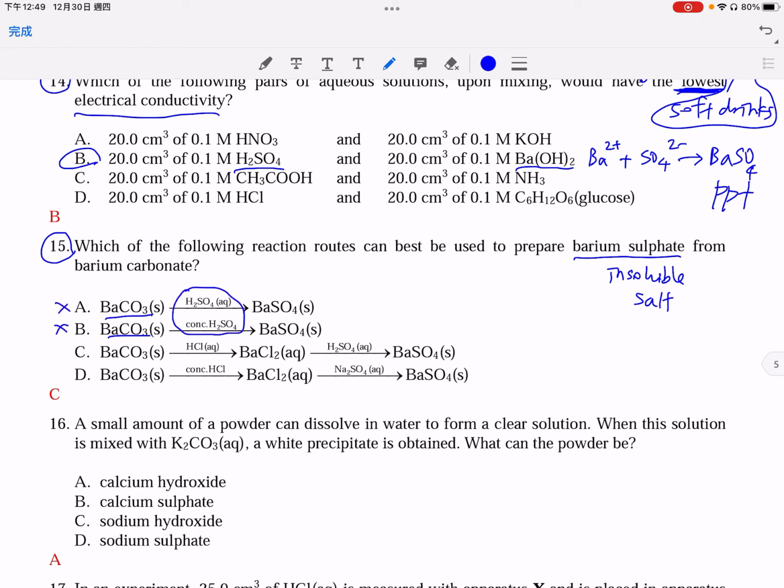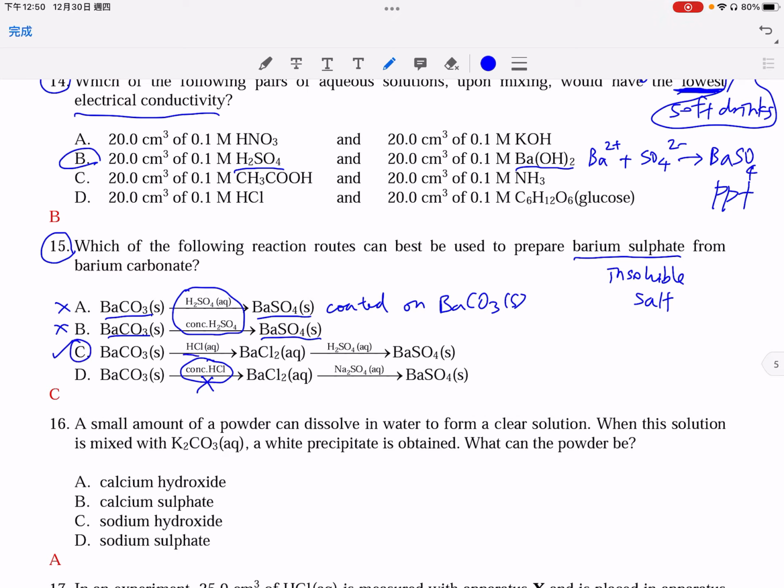So A and B are incorrect because even though the barium sulfate is produced, it will be coated on the surface of the reactant barium carbonate. Therefore, the preparation will not be successful. C and D are better, but option D, using concentrated hydrochloric acid, is inappropriate. Therefore, C is the answer.